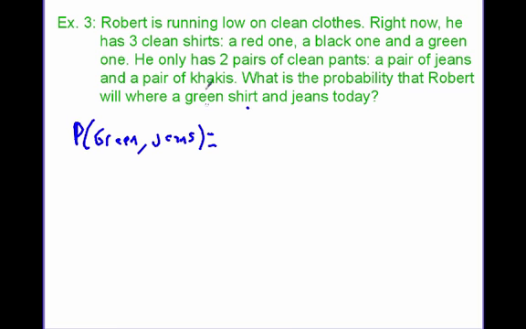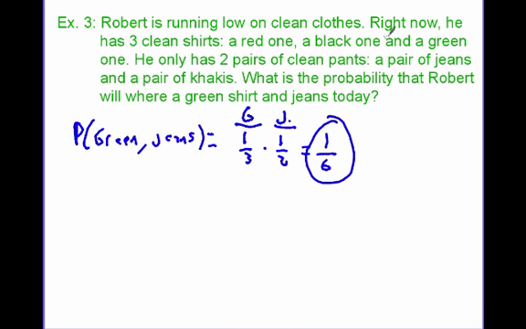They're independent because what shirt Robert picks does not change anything about what pair of pants he picks. Probability of green: he has 3 shirts, one of them is green, so the probability is 1/3. Probability of jeans: he has 2 pairs of pants, one of them is jeans, so the probability is 1/2. Multiply those together, and I get 1 over 6. So the probability that Robert wears a green shirt and jeans today is 1/6.